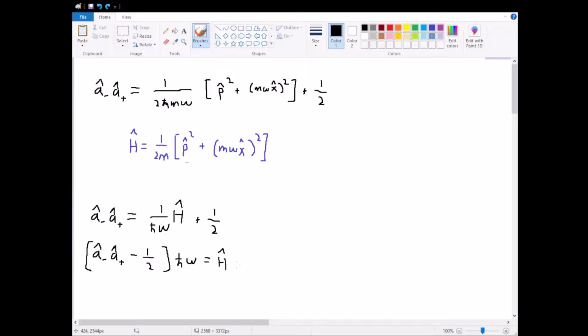And what will happen is that if we isolate h again, in terms of the product of a hat plus times a hat minus instead of a hat minus times a hat plus, the Hamiltonian operator can be written as a hat plus times a hat minus, and instead of minus 1/2, it's going to be plus 1/2. And this whole thing, once again, multiplied by h bar times omega.